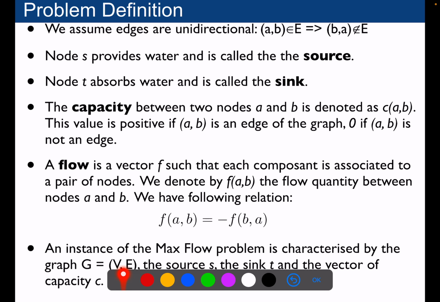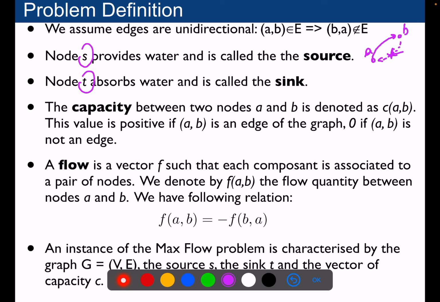So the formal definition is that one. We assume that edges are unidirectional. So it means that if there is a node A and a node B, then the edge is only in one direction, and the one in the opposite direction we assume does not exist for now, right? The edges are unidirectional. Then we have a special node S that provides the water, called the source, and a special node T that will absorb the water, called the sink.